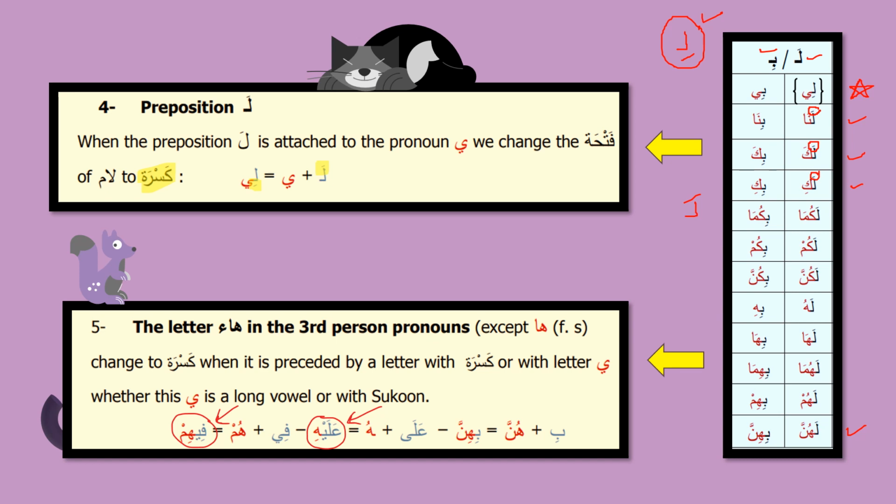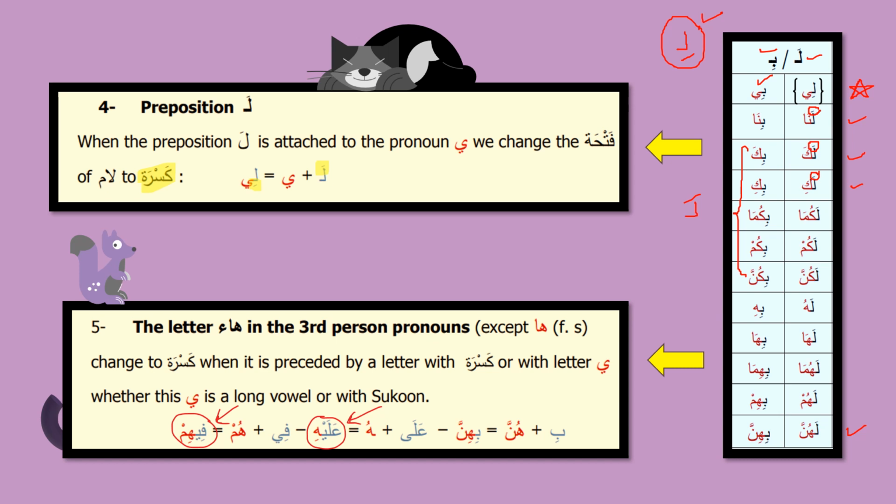And when you attach with harf jar ba, the structure remains the same, ba with kasra remains the same, and it gets attached with all the pronouns, as you can see: ba with ya mutakallim, ba with noon for the nahnu, ka, ki, kuma, kum, kunna. The mukhatib remains the same.